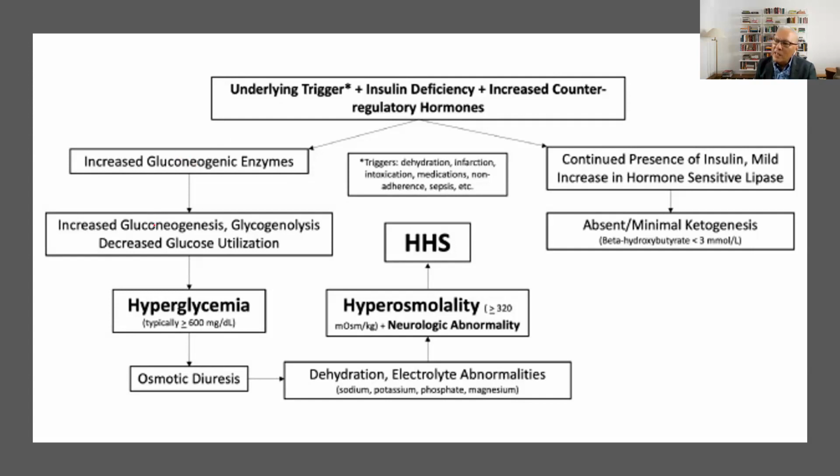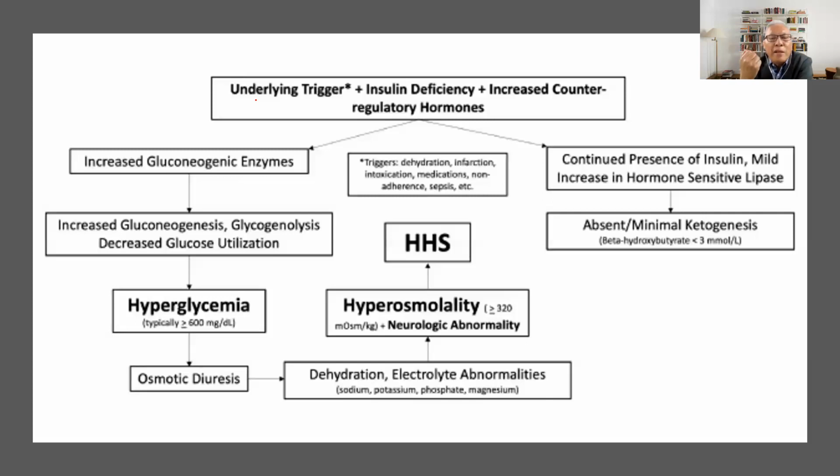Well, if this was your vascular bed right here, there's a lot of glucose. And in the cells, there's a little bit of glucose. So because this is highly concentrated, it pulls all the water from the cell. So again, you have cellular dehydration.